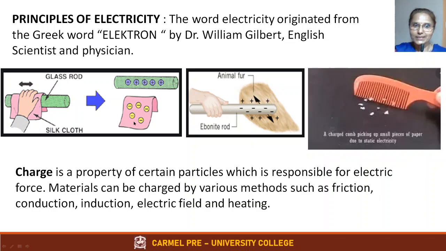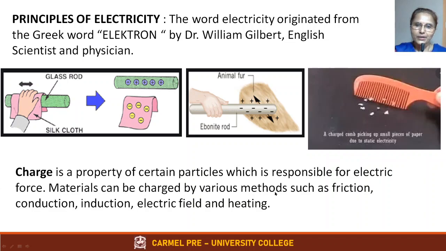Okay, so this kind of force is called electric force. So this is the property of certain materials which exhibit this kind of force. So what is charge? Charge is property of certain particles which is responsible for electric force. So materials can be charged by various means.